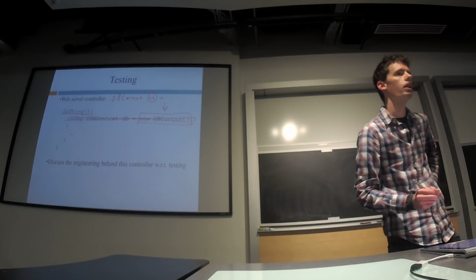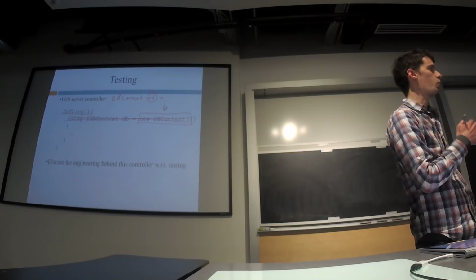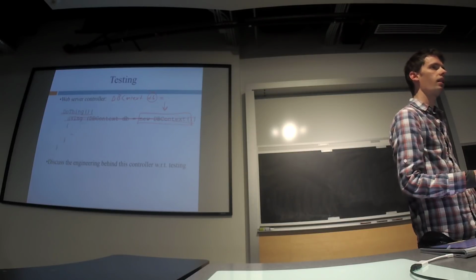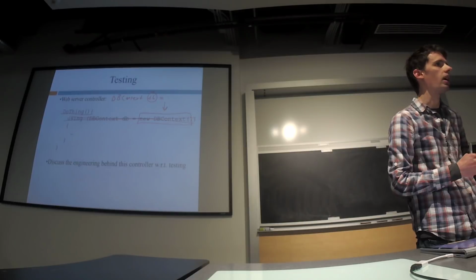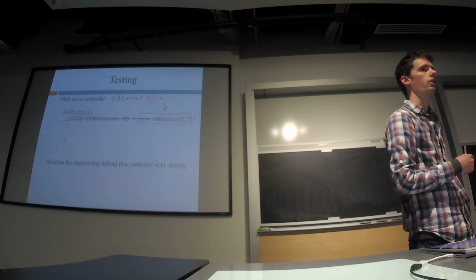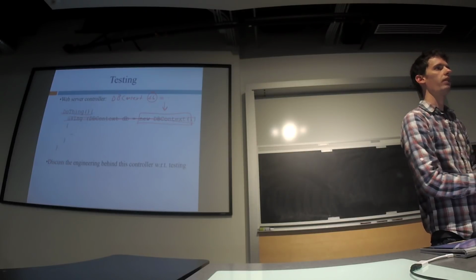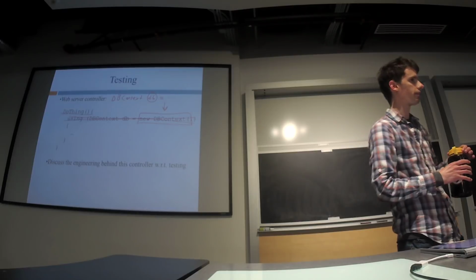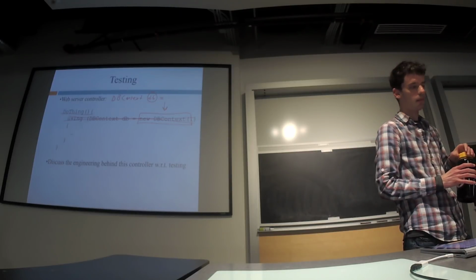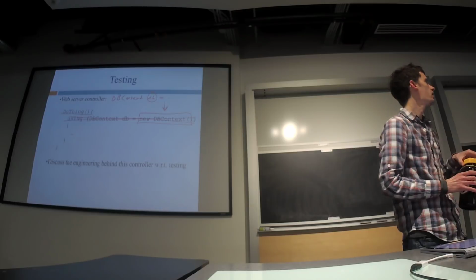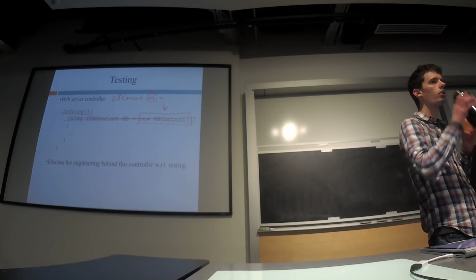So then when you're writing unit tests, you make a DB context with a mock database, and then this controller doesn't have to change at all. It just uses whatever that context has been set to. Okay? And that's basically what we did when we were talking about unit testing.